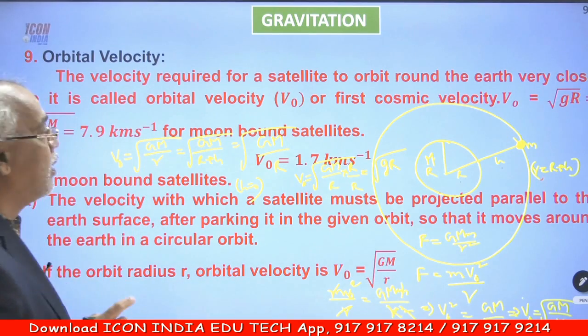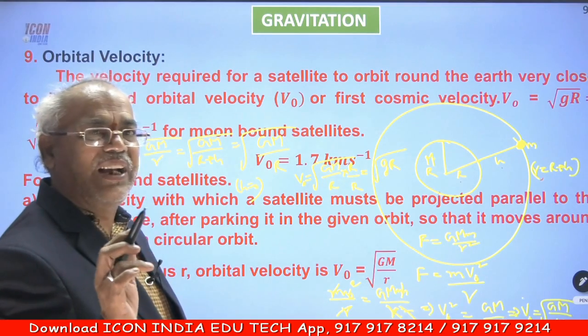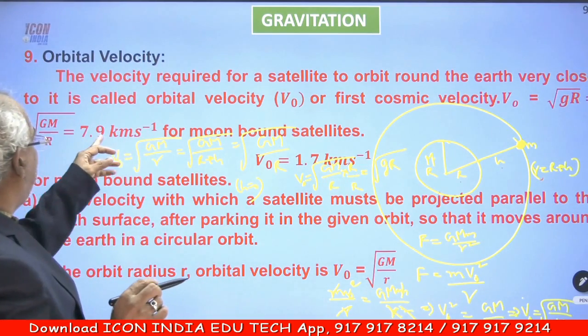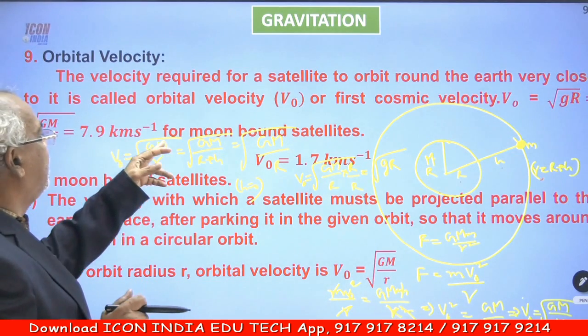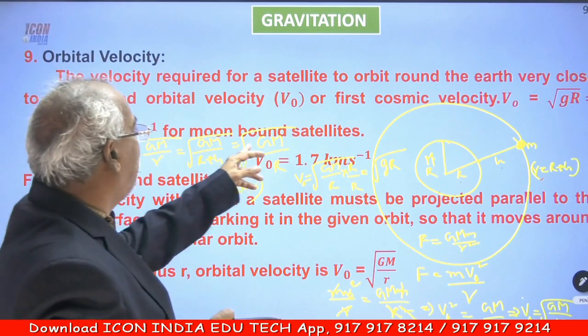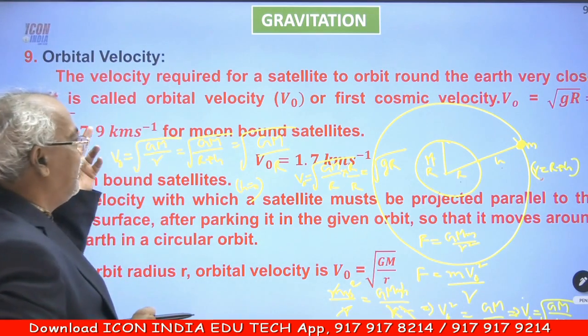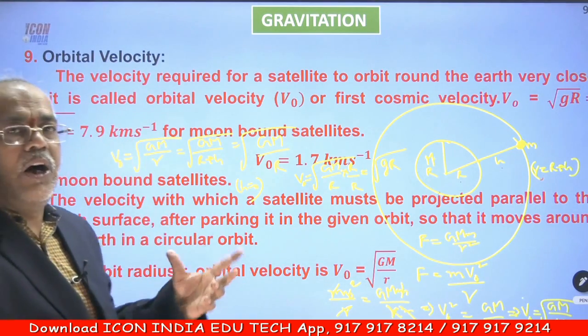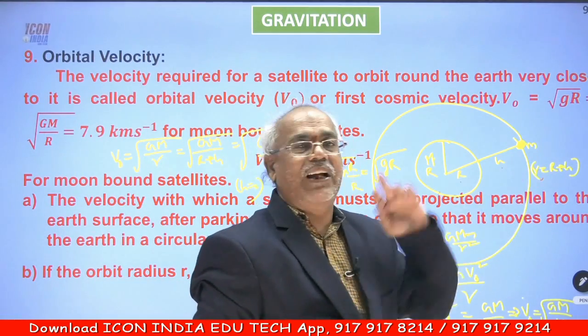Here for Earth, the orbital velocity of a satellite is 7.9 kilometer per second, and for moon bound satellites it is 1.7 kilometer per second. That means the orbital velocity does not depend on the mass of the satellite.